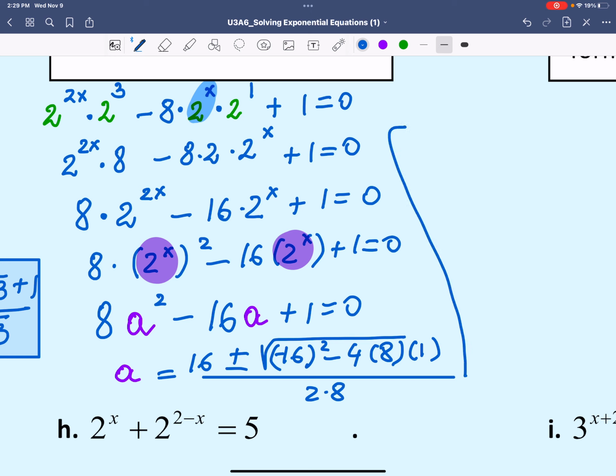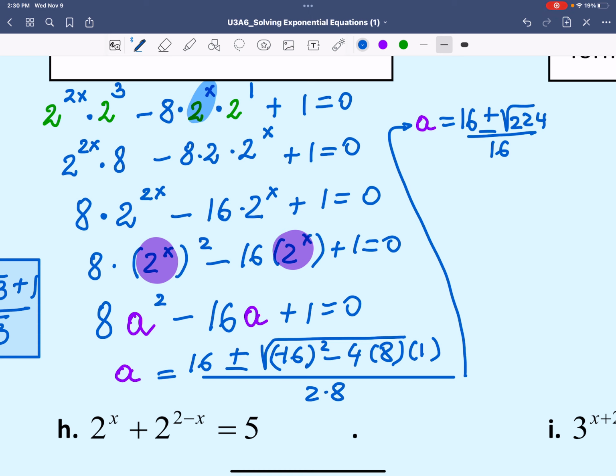So in a simpler form, we're going to say that a equals 16 plus or minus the root of 224, divided by 16. 224 can be reduced actually.